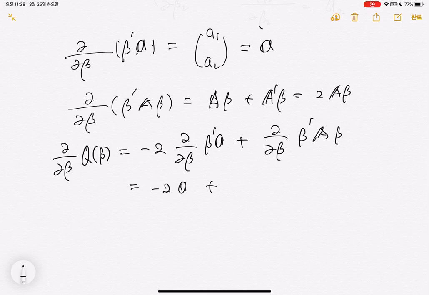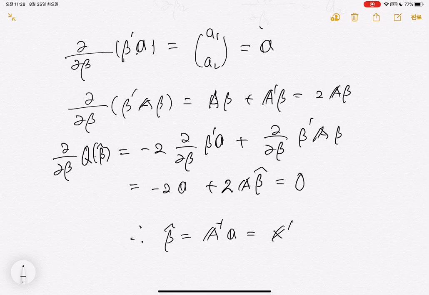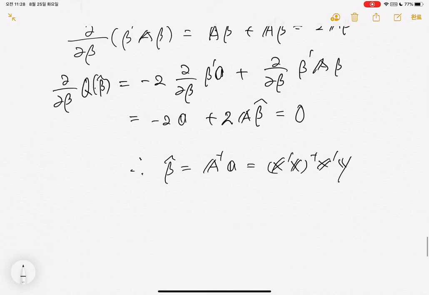So plus 2a beta, and what we know here is at the beta hat, the first order condition means it has to be 0. Therefore beta hat is a inverse a, which is x prime x inverse x prime y. Okay, so that's how you do the multivariate calculus.